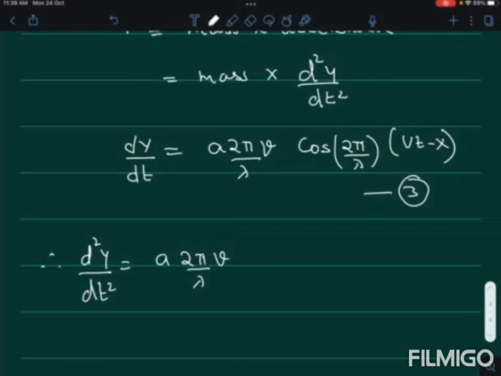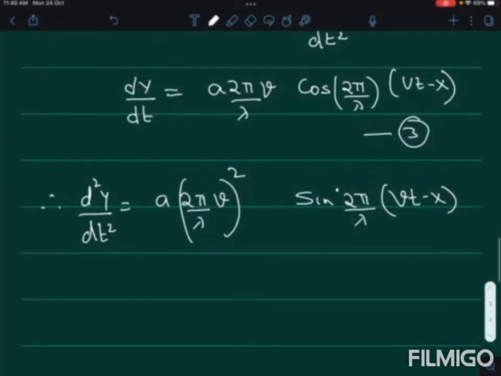So we have sin (2π/λ)(vt − x), and all this coefficient is 2π/λ into v, which I can square because of the second differentiation. Therefore d²y/dt² is equal to 4π² v² a/λ² sin (2π/λ)(vt − x).